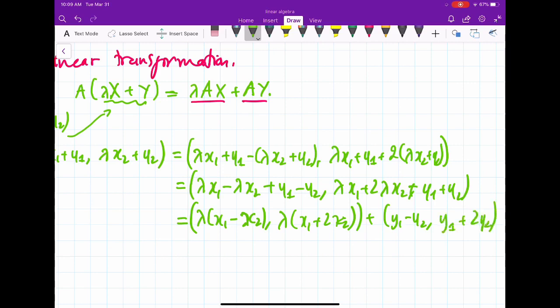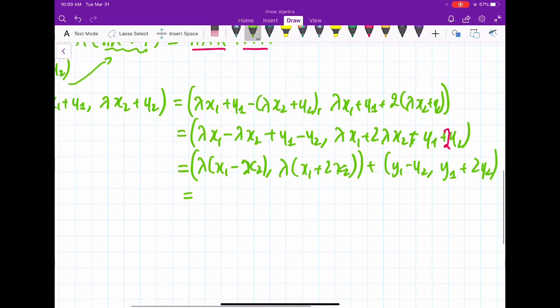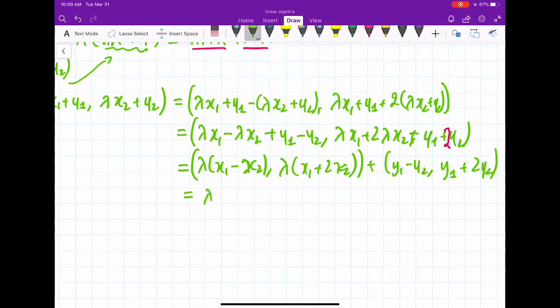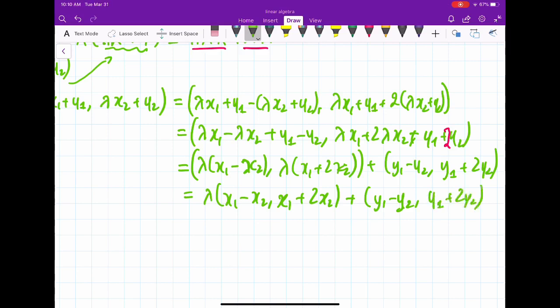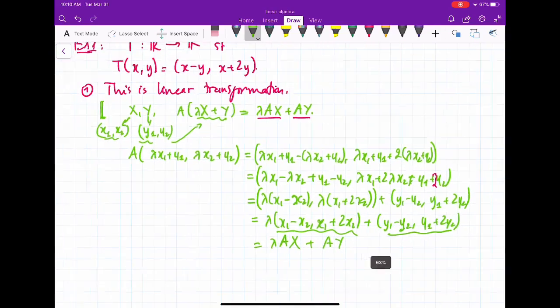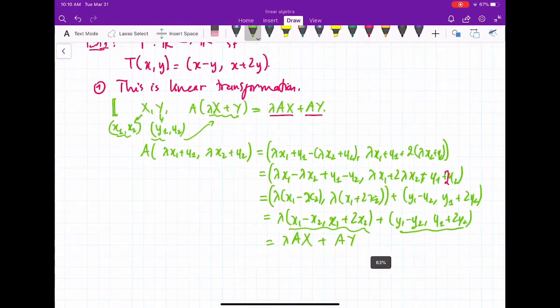I mixed up a 2 right here. Okay, and this is lambda (x1 minus x2, x1 plus 2x2) plus (y1 minus y2, y1 plus 2y2). But what's this? This is just Tx, and this guy is Ty. So basically, T is a linear transformation.